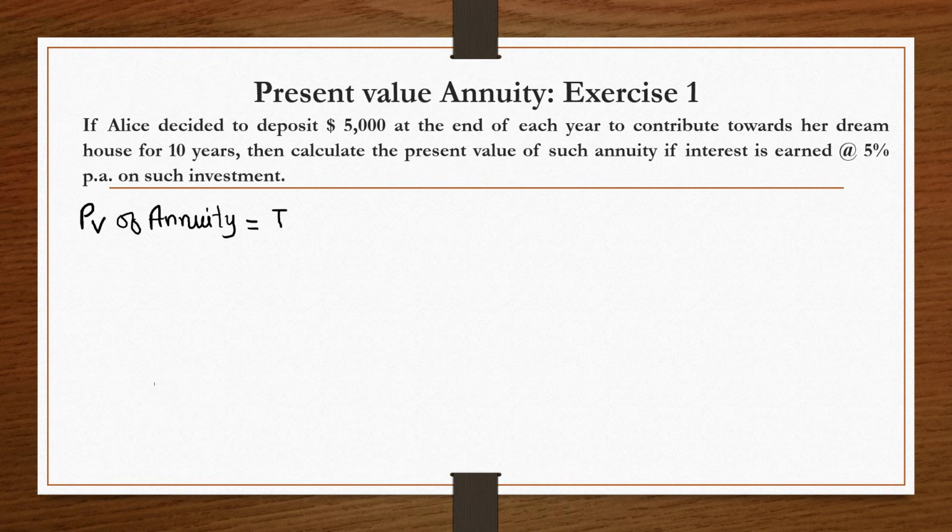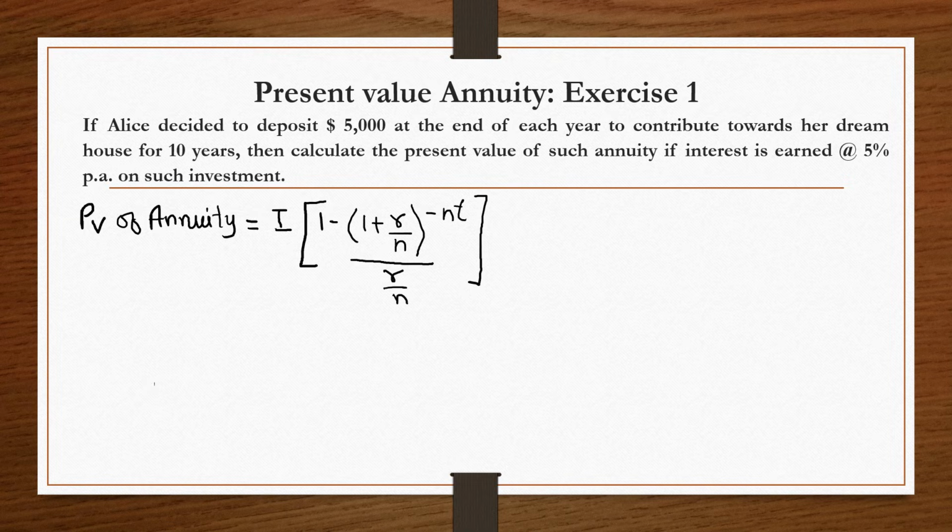I, bracket, 1 minus bracket 1 plus R by N bracket close, power of minus NT, this bracket again close, divided by R divided by N. So this is my formula.